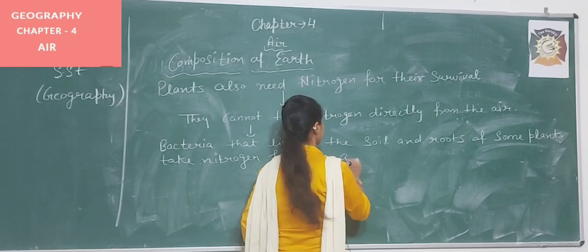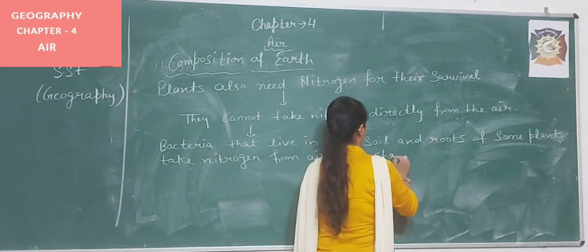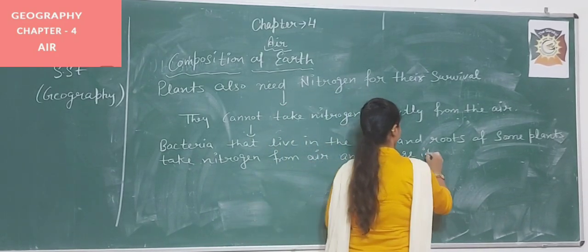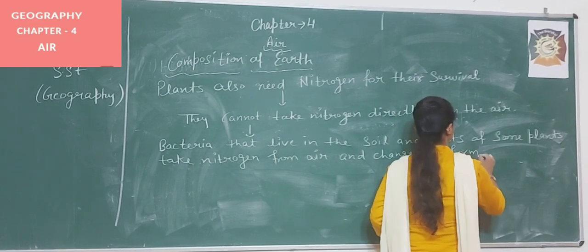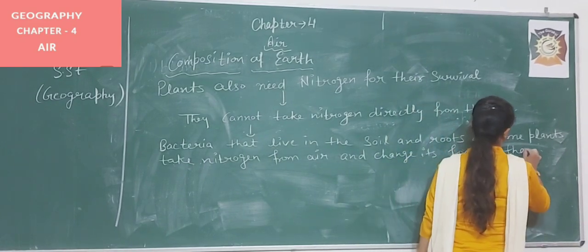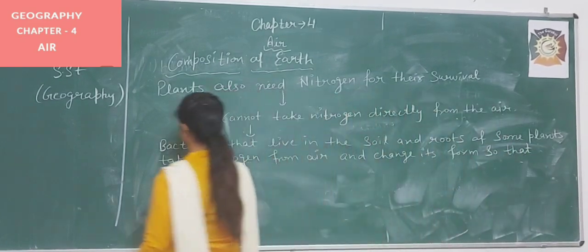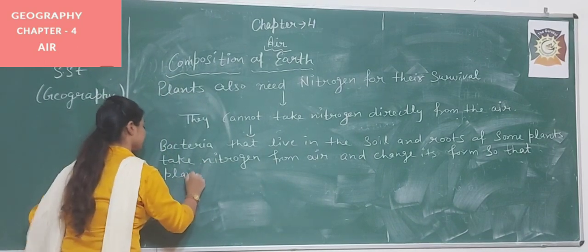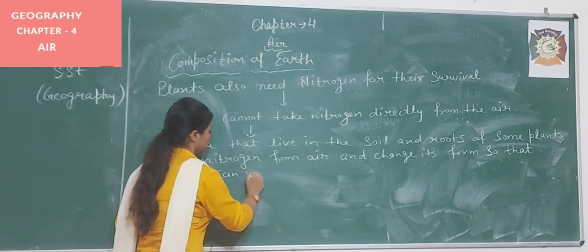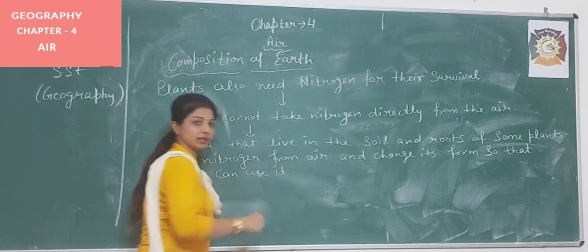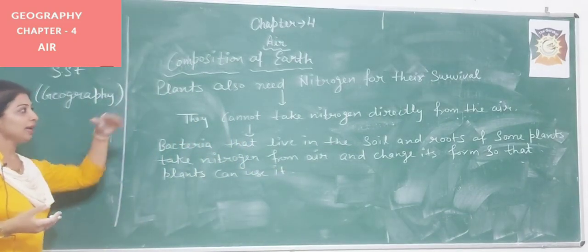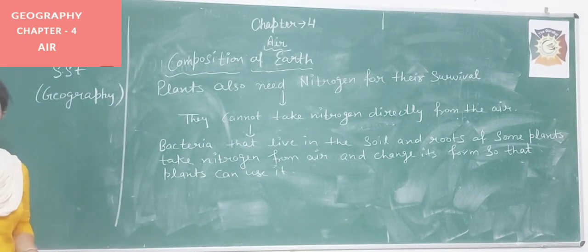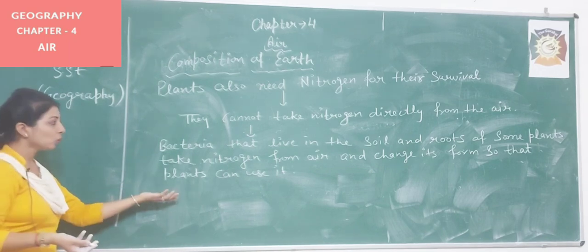Okay, and change its form so that plants can use it. Are you getting how plants take nitrogen? Plants need nitrogen, but they cannot take it directly from the air. Then who helps them?